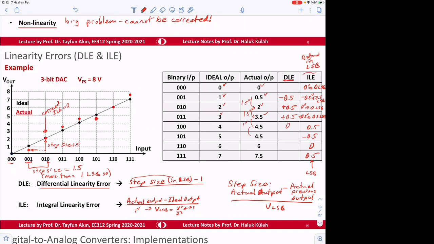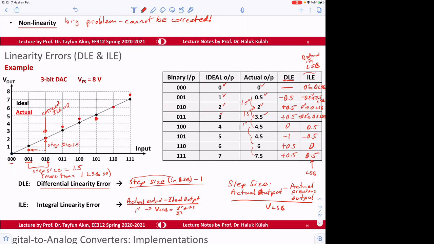From here to here, what is that? 5 volt, 4.5 volt. There's -1. No change. And here to here, it is 0.5, and then from here to here plus 0.5. Okay, so this is not defined for the first bit.